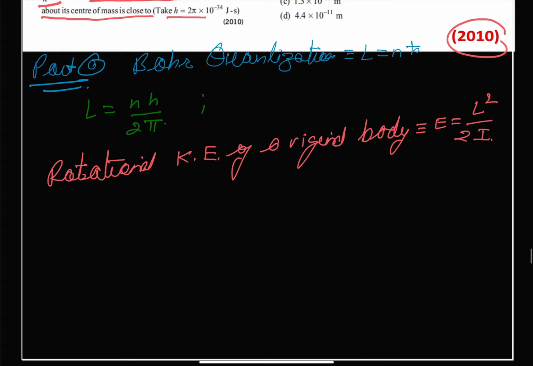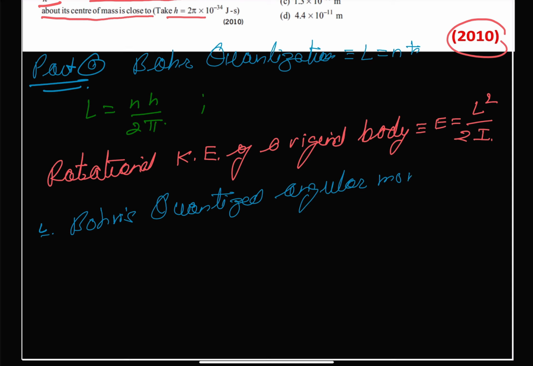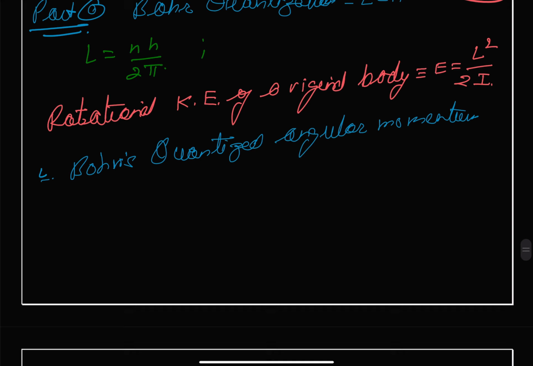So we can write that Bohr quantized angular momentum gives energy, that is rotational kinetic energy, that is for E of n.